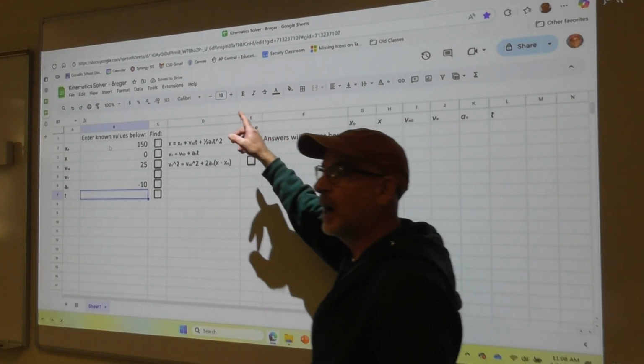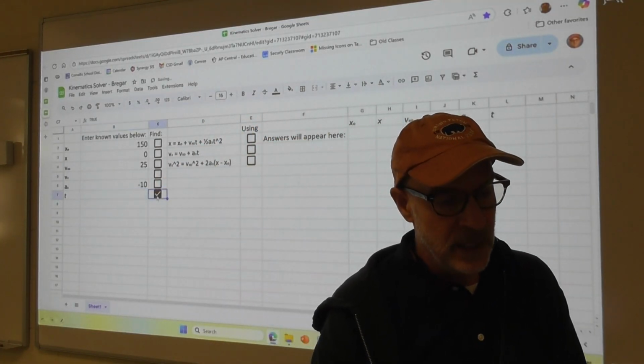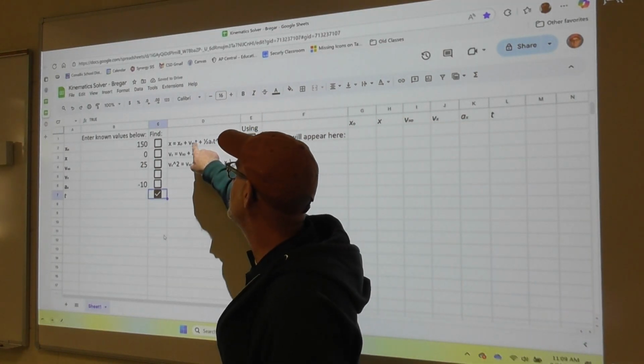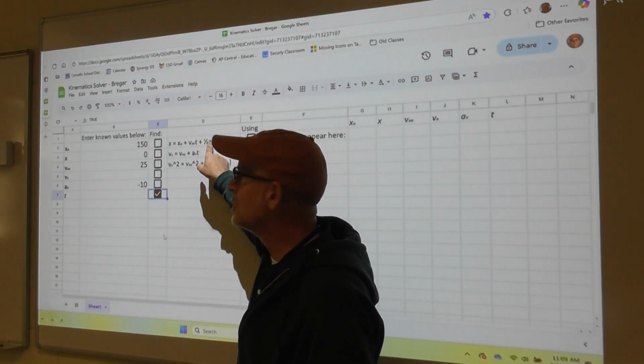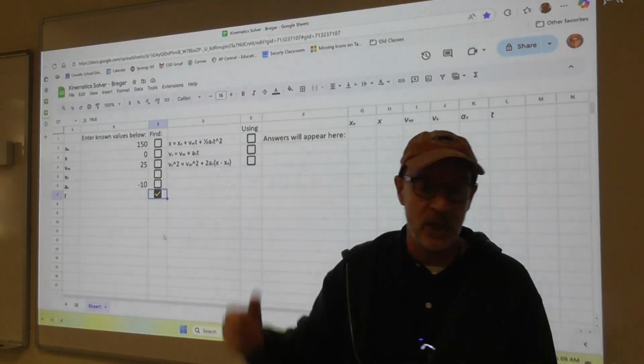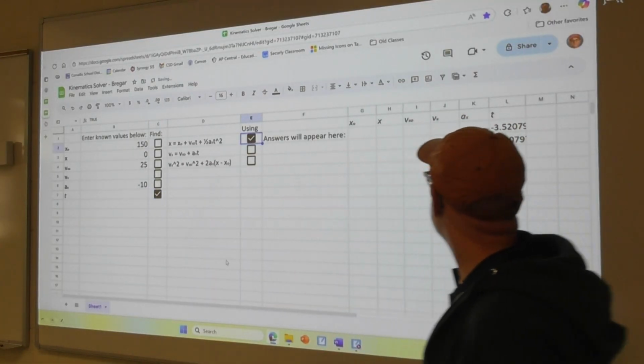What are we trying to find? We're trying to identify how long it's gonna take, and we already figured out that we're using this equation. Now this looks a little weird because I can't do superscripts, but this is AT squared. This is that equation that we're gonna use, and if we click here, it tells us the time.